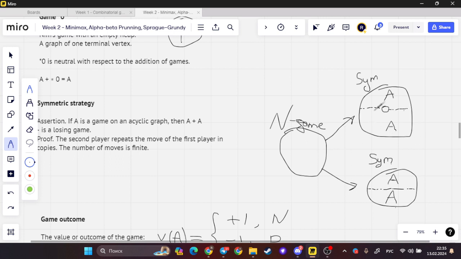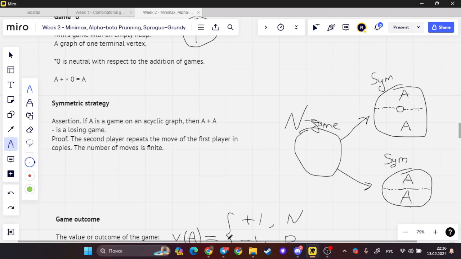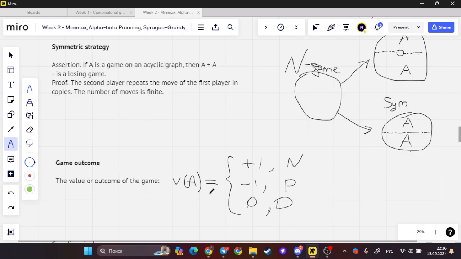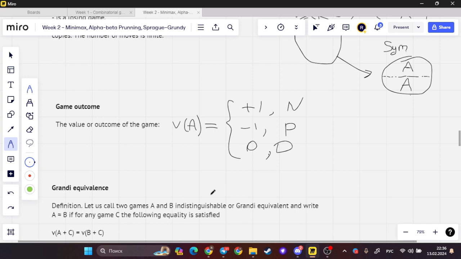In the second variant we have a symmetrical game too, but he will be the second player in this game and he will win. We just reply symmetrically, and that's it. The second player replies symmetrically to win in this game.